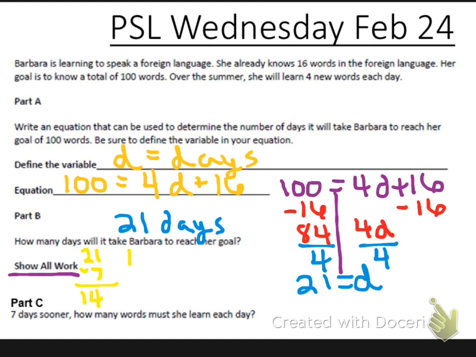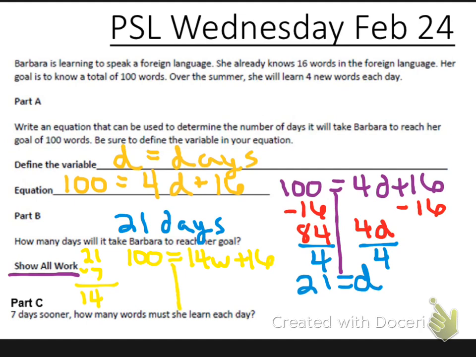It's still going to be 100 words, but it's going to be 14, and let's see, it's not going to be days because 14 is the days. So let's use W to find out how many words she will learn, and she's still starting out with her 16. So now again we have an equation, and now we have to solve it.